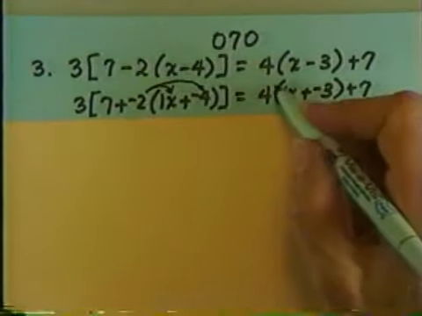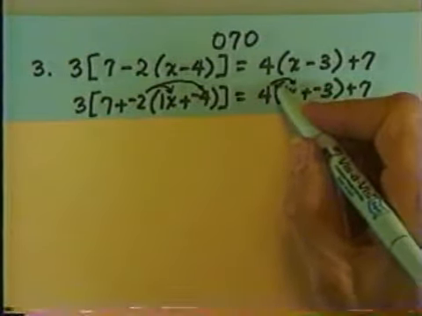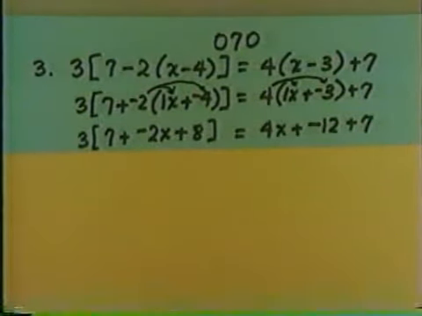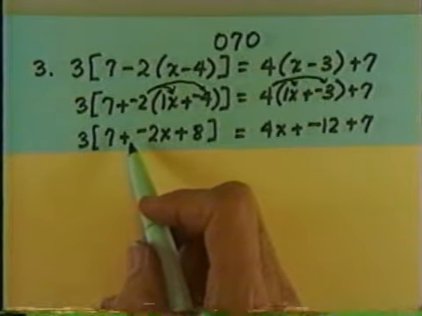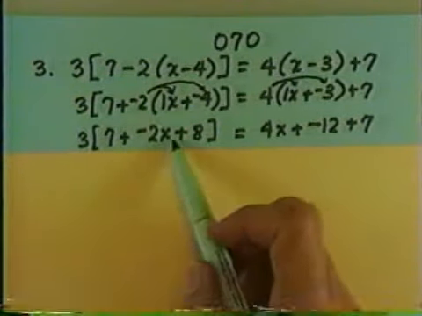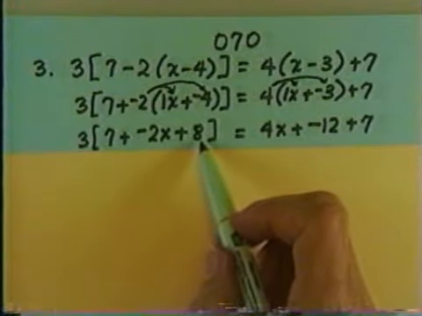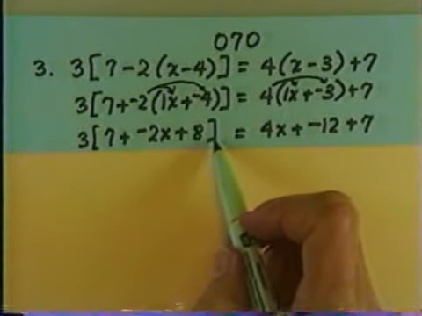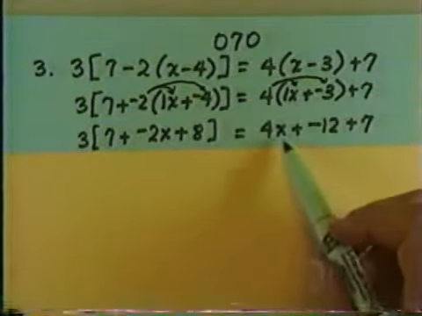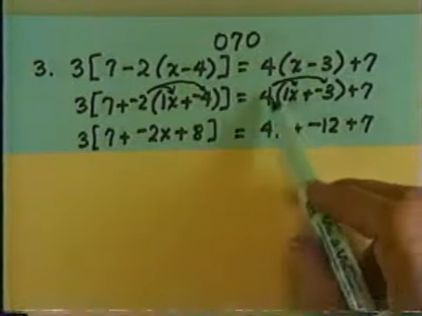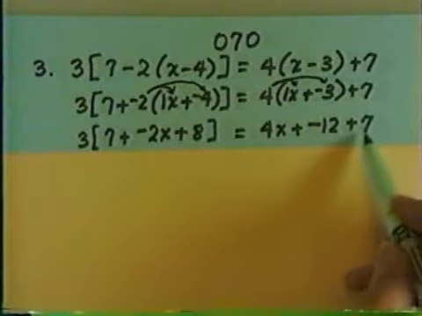We'll do the same thing on the right, distributing the 4 in the parentheses. And we get 3[7 plus, and then our results, negative 2x plus 8. Close the brackets. Equals 4 times 1x is 4x. Add 4 times 3 is negative 12 plus 7.